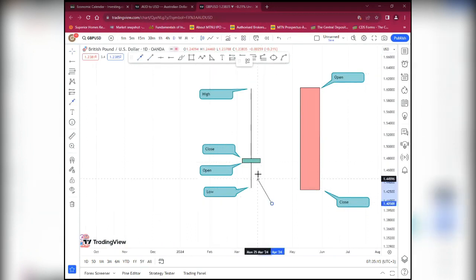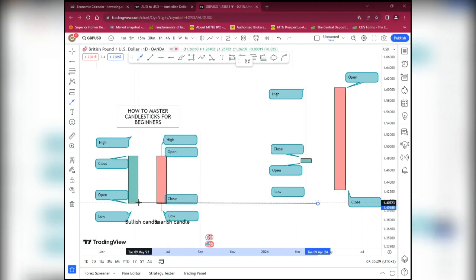So this is a bullish candle. Why? Because of the opening prices and the closing prices. The opening prices are lower than the closing prices. Same as this. The opening prices are lower than the closing prices. It means that the market jetted to the upside.